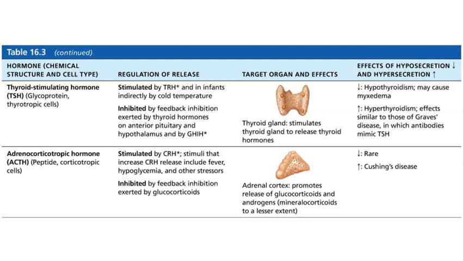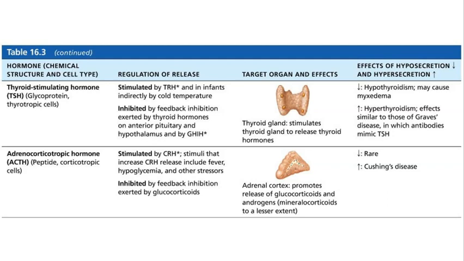Once again, the relationship between the thyrotropin-releasing hormone and thyroid-stimulating hormone is straightforward. So when the hypothalamus increases its release of TRH, that will stimulate the increased release of TSH from the anterior pituitary. When the hypothalamus decreases its release of TRH, that will decrease the release of TSH from the anterior pituitary.